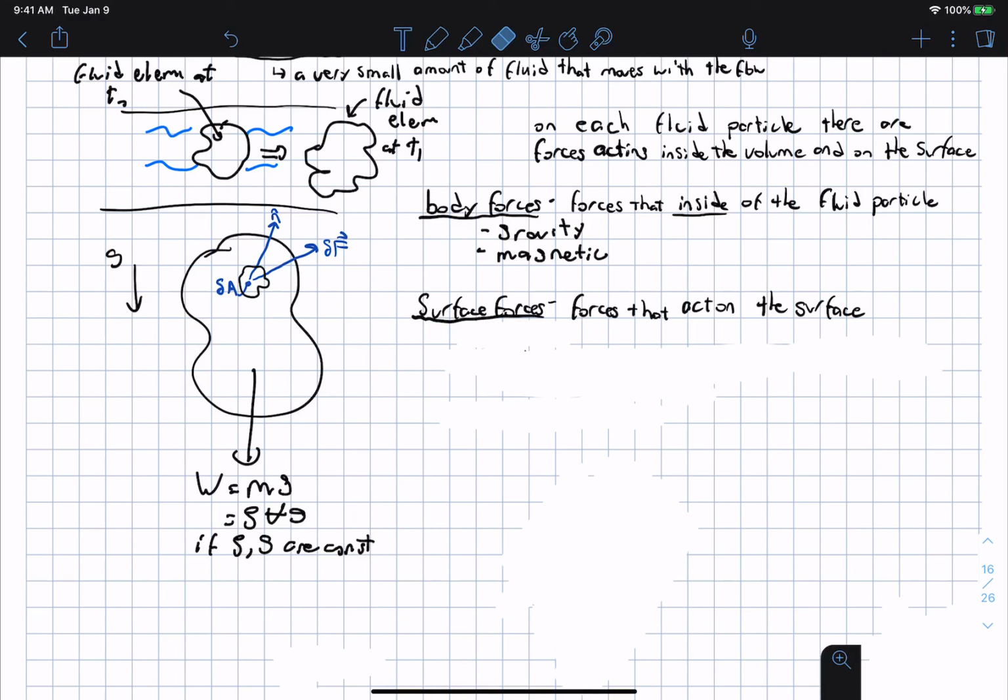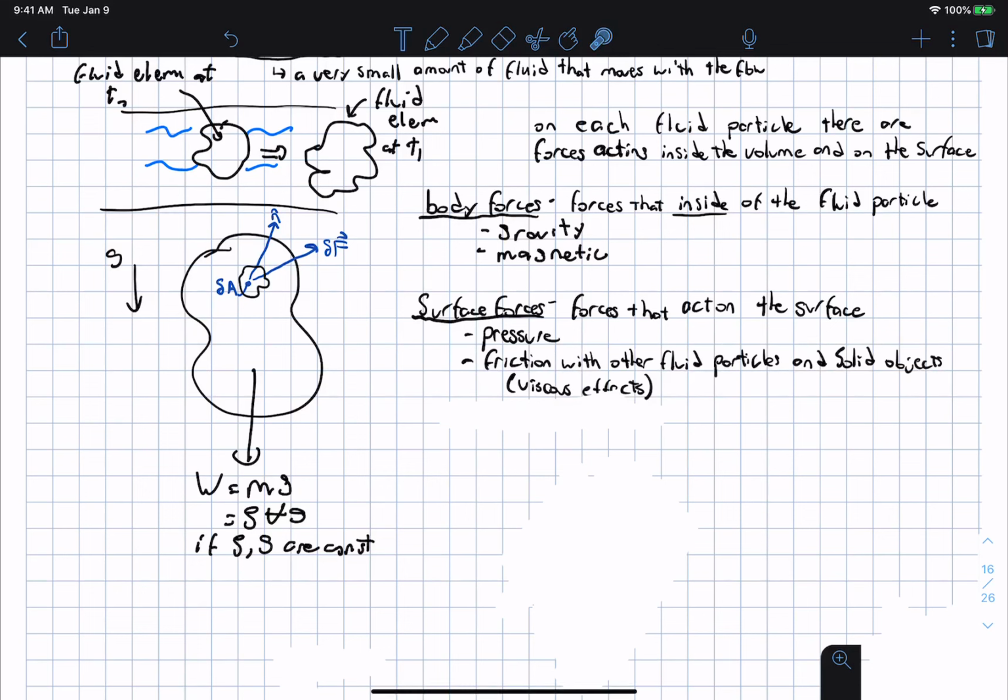And so the key one that we'll be dealing with a lot in this class is pressure. Pressure is a force that occurs on the surface. And some other surface forces can occur, friction. And friction, believe it or not, there is friction on a fluid element.